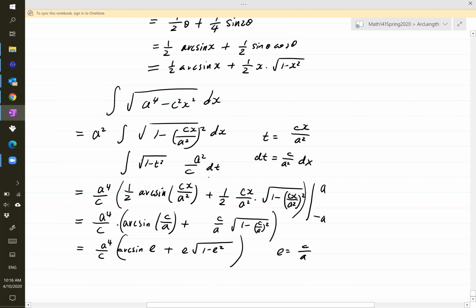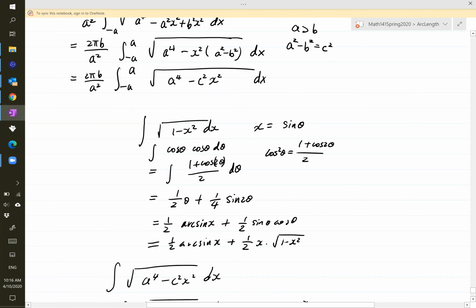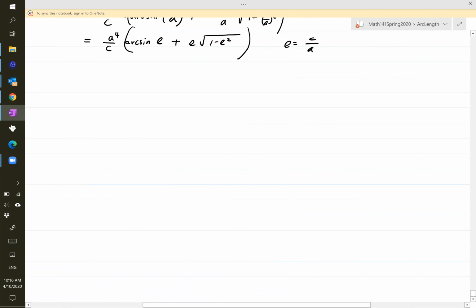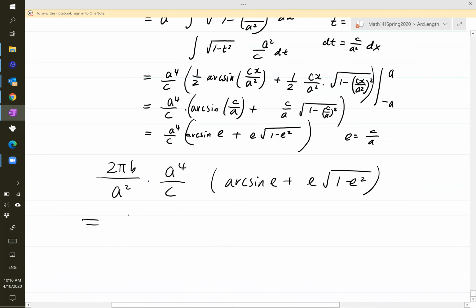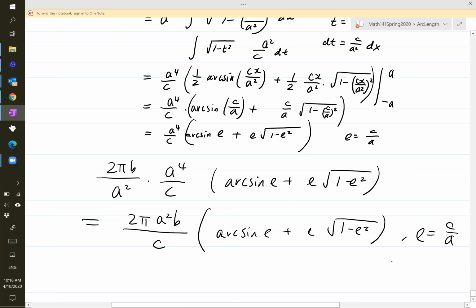Okay, finally we multiply the factor, 2 pi b over a squared, times a to the power 4 over c times arcsine of e plus e times the thing. So finally we get 2 pi a squared b over c times arcsine of e plus e y minus e squared. Here e is c over a, and c squared is a squared minus b squared.